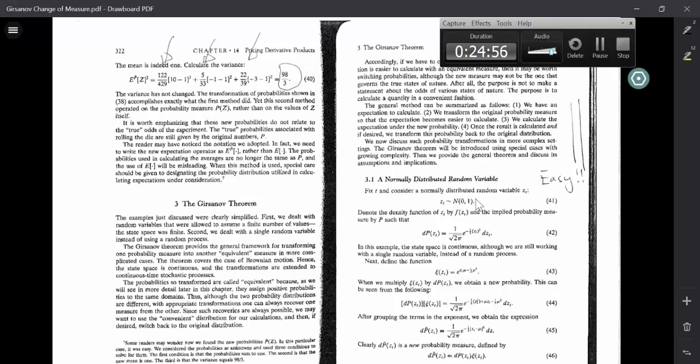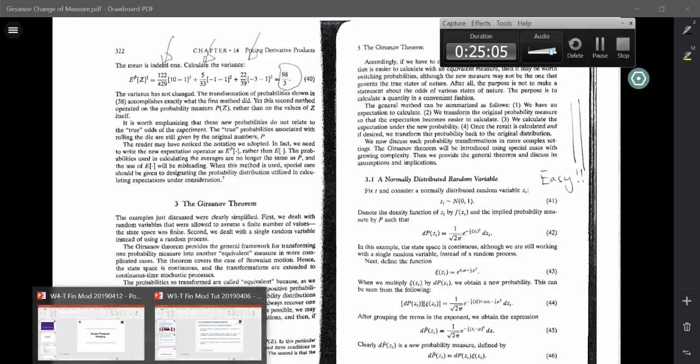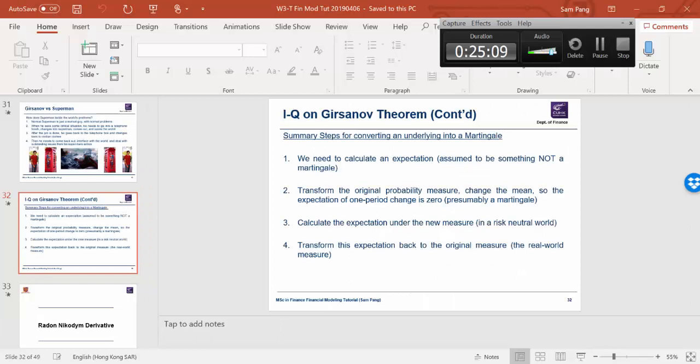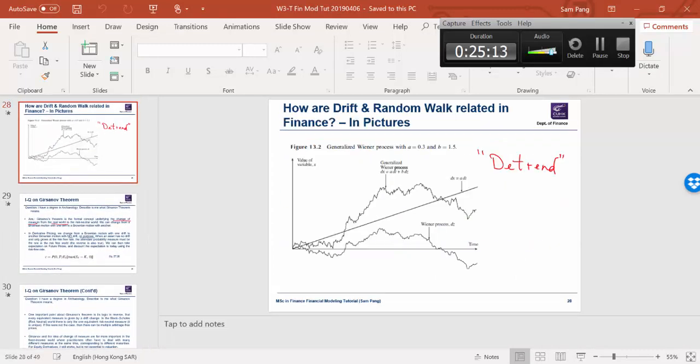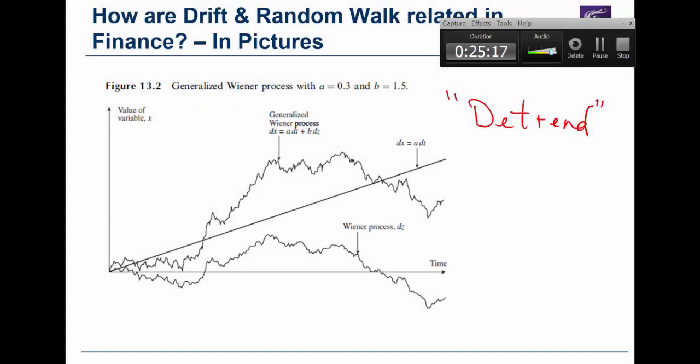And if you can do that, the next step is, well, the whole problem with having a sub-martingale, like I said, is that you have these processes that have a mean of some kind. So now we have found a way to get rid of that without disturbing the variance.